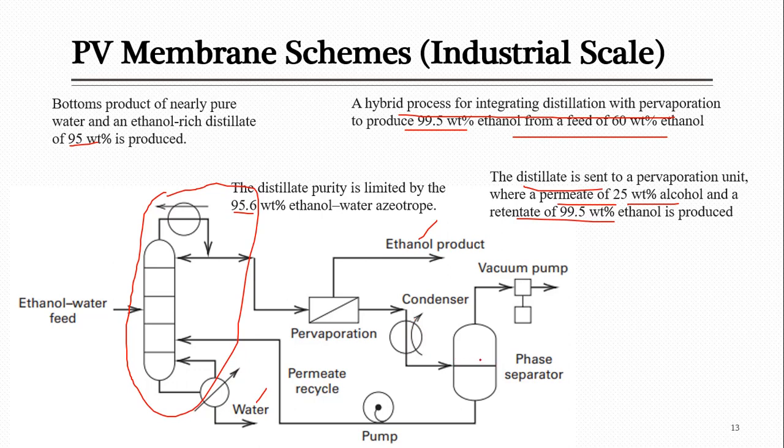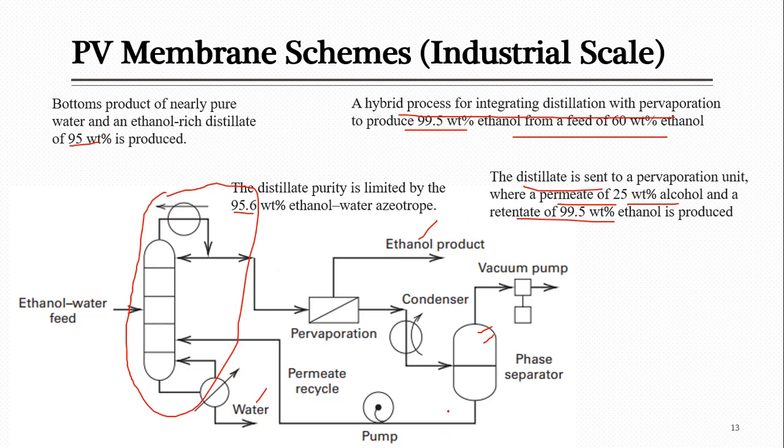This is not complete condensation; some part is condensed and some is not, so phase separation takes place. The component in vapor form is separated from here, and the liquid is pumped back to the main distillation unit, because we don't want to waste this sufficiently large amount of alcohol.